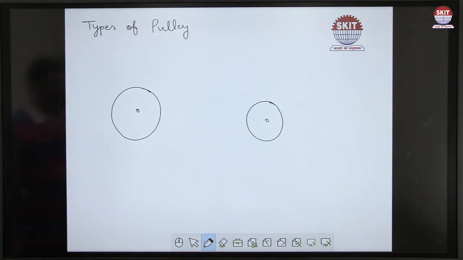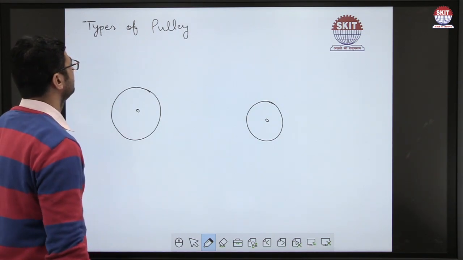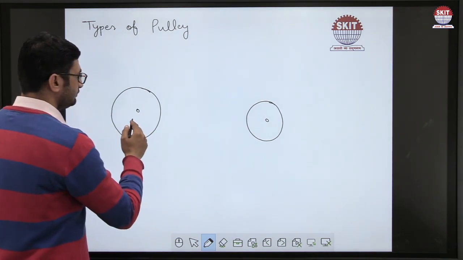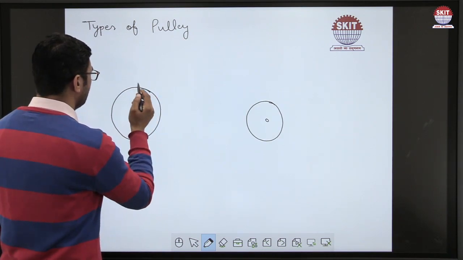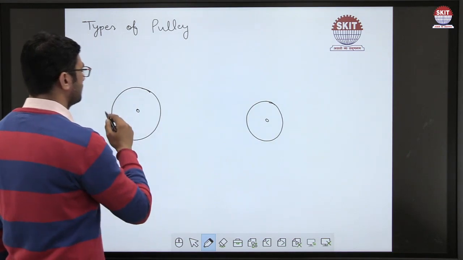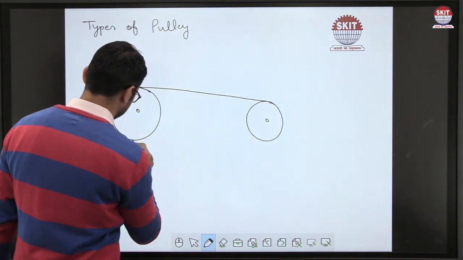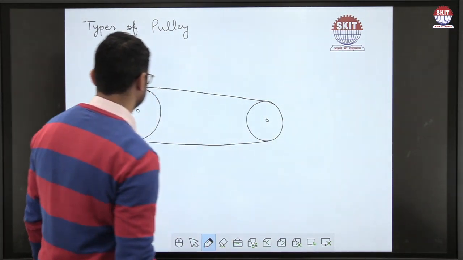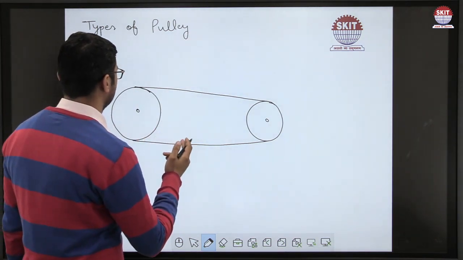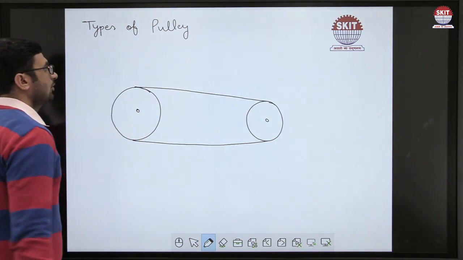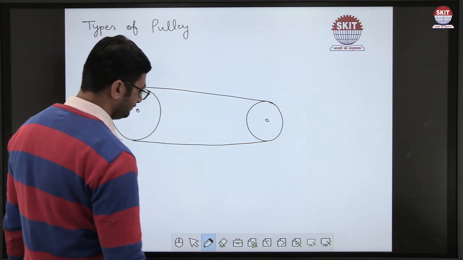A pulley is a circular device which is used to transfer power from one shaft to another shaft. To transfer the power, we connect both pulleys with the help of a belt. There are various types of pulleys used in this.